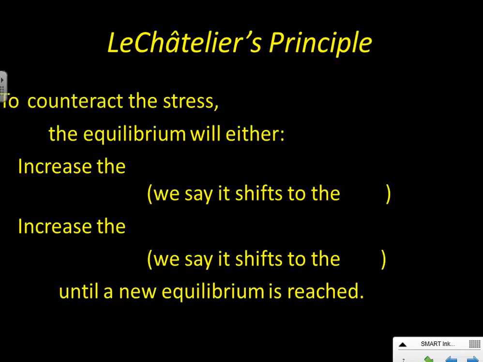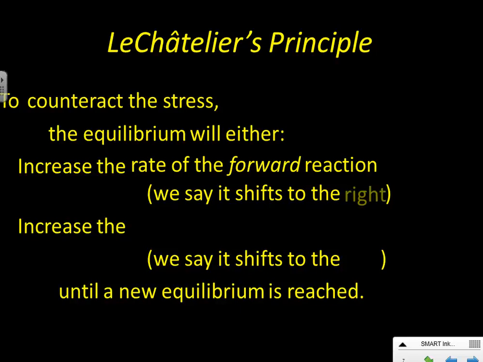that stress needs to have some sort of counteraction, right? So to counteract the stress, the equilibrium will do one of two things. It'll either increase the rate of the forward reaction to compensate, and when the reaction increases the rate of the forward reaction, that means you're going to get more products, and so we say that the equilibrium shifts to the right because the products are on the right side.